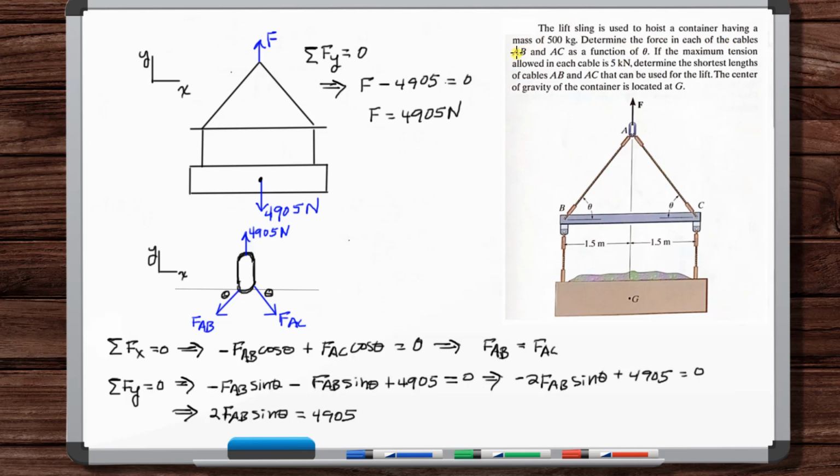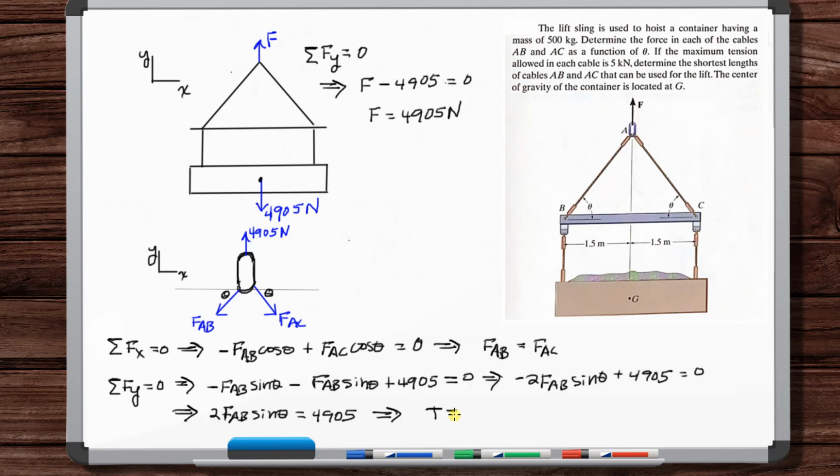So to answer this question, the first thing it's asking us is to determine the force in each of the cables AB and AC as a function of theta. The tension in the cables, the forces in the cables, are the same. So let's just replace FAB with T and then put T as a function of theta. So we divide through by sine of theta and also 2. So what do we get?